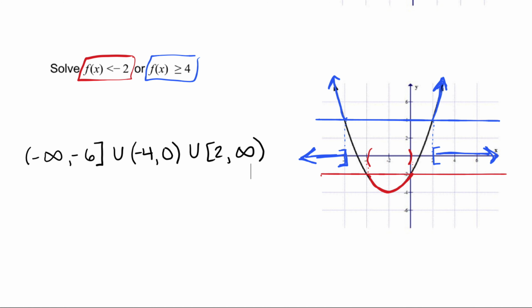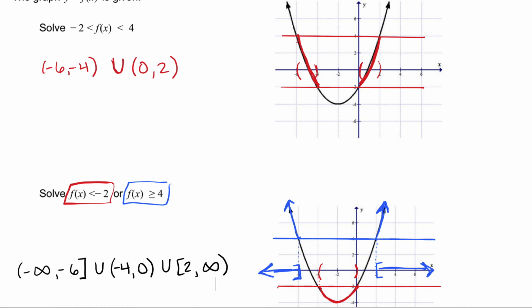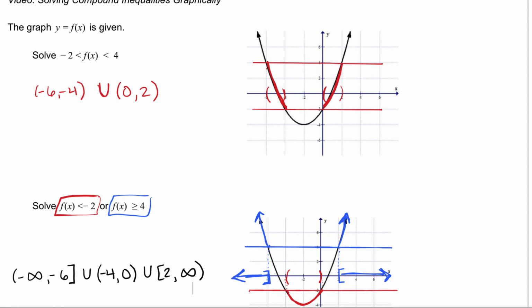Now, let's look at these both together. Let's see if we can zoom out a little bit. You've got them together on your paper, so I want to make sure we can see them here on this screen. So looking at these solutions, what do you notice? Or the graphs? They're kind of opposite of each other.